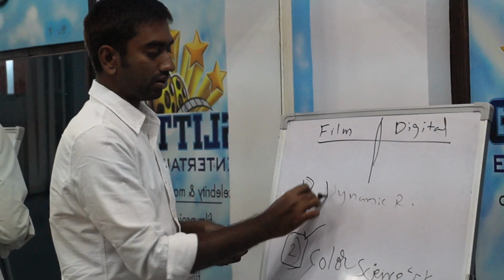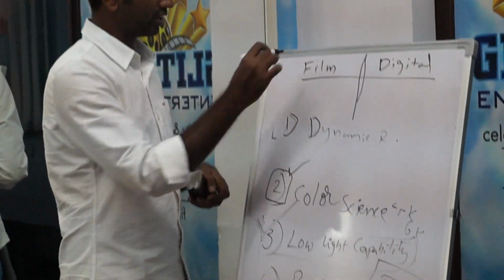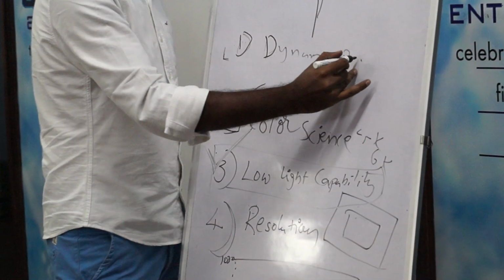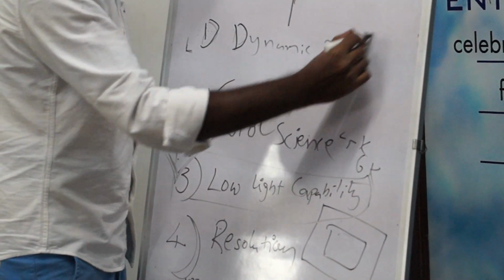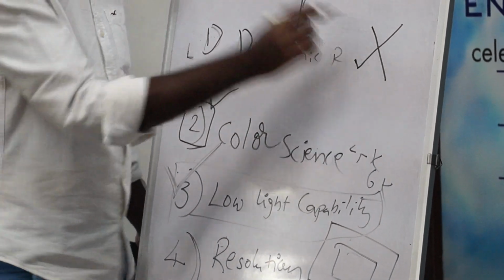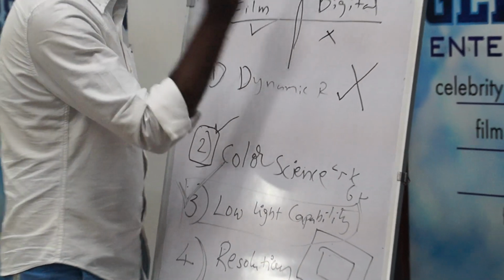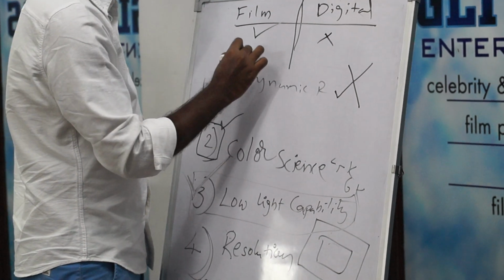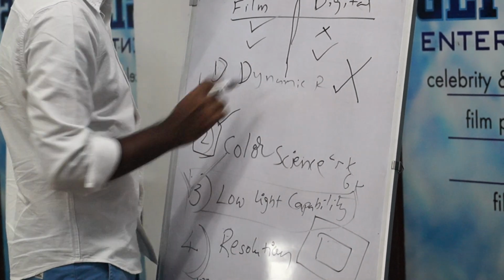That's what happened with all these 4 factors in the beginning. The first generation of digital cameras, dynamic range wise, they are not comparable to film. Color science, I would say both of them were equal at that time.